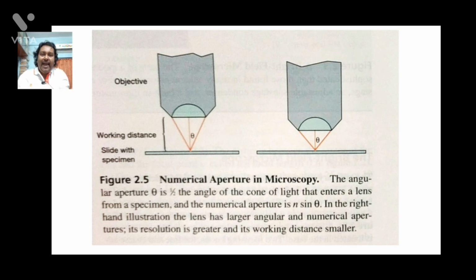The gap with immersion oil has the same refractive index as the glass. The specimen slide is made of glass, and the lens is made of glass. So, there will be less chance of refraction of light due to the changing of the medium.